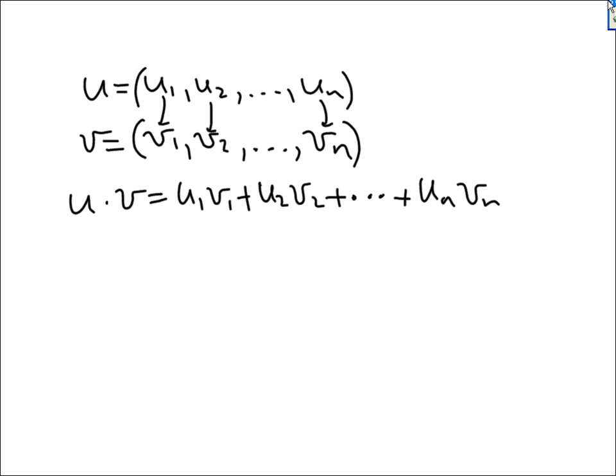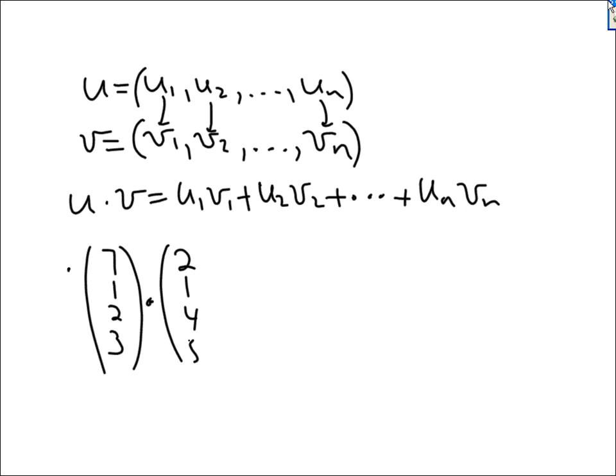To actually do this, it's probably easier, simpler, faster to write the vectors vertically. For example, if u is (7, 1, 2, 3), I want to dot it with vector v, which is (2, 1, 4, 5). It's very simple to see what we're multiplying.